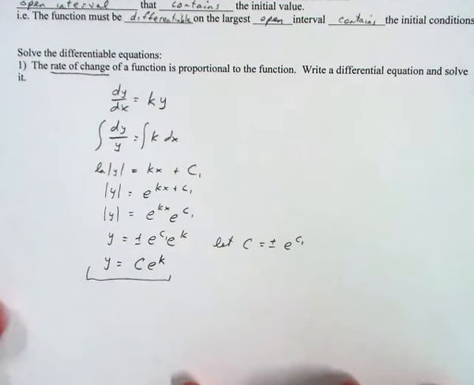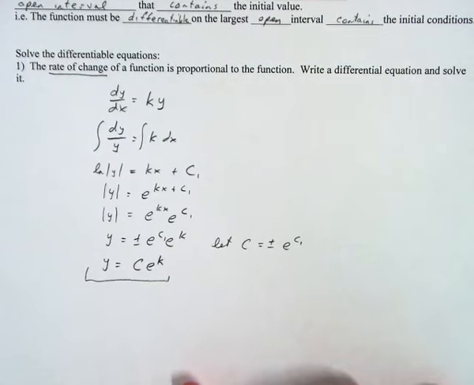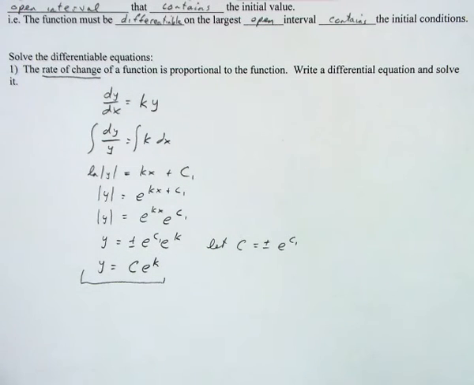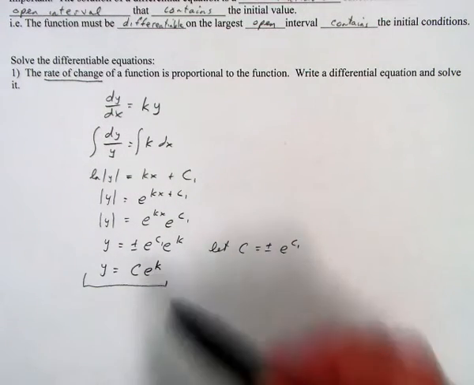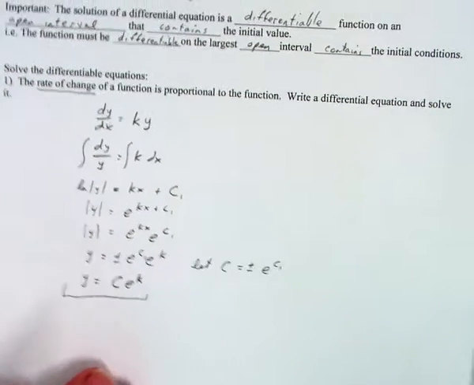And it's always going to end up looking like that, but what you have to be able to do is start off with the words in this sentence and then come up with this equation. If you know that, you can jump to there, but you also have to know how to derive it.